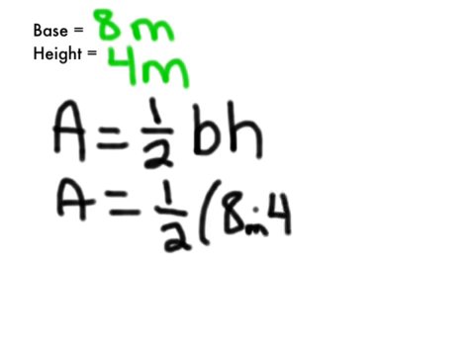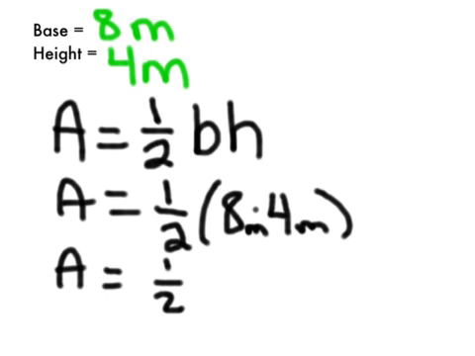Don't forget your units, little m's. Area equals 1/2 times 32 meters squared. Don't forget area, we always square our units.